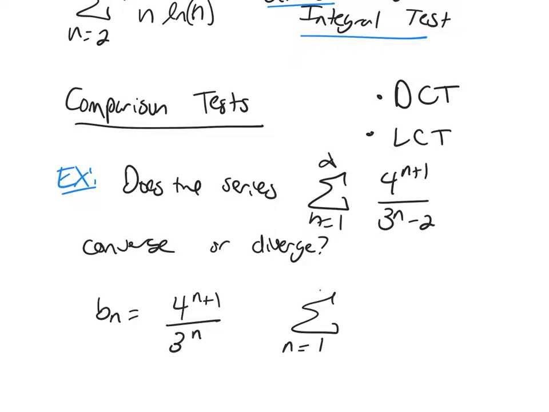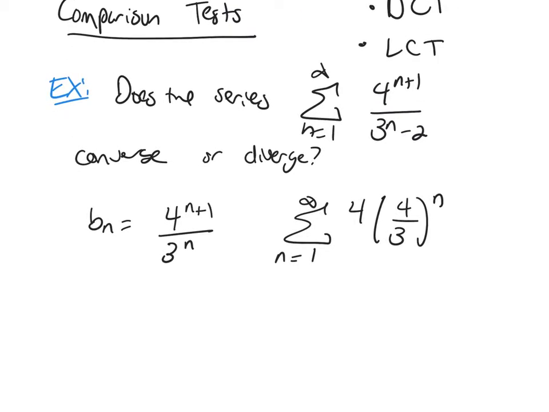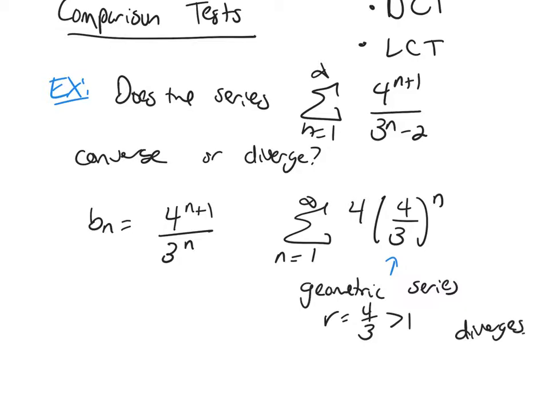So now I'm looking at 4 to the n over 3 to the n. This is a geometric series. Our r is 4/3, which is bigger than 1, so it diverges.